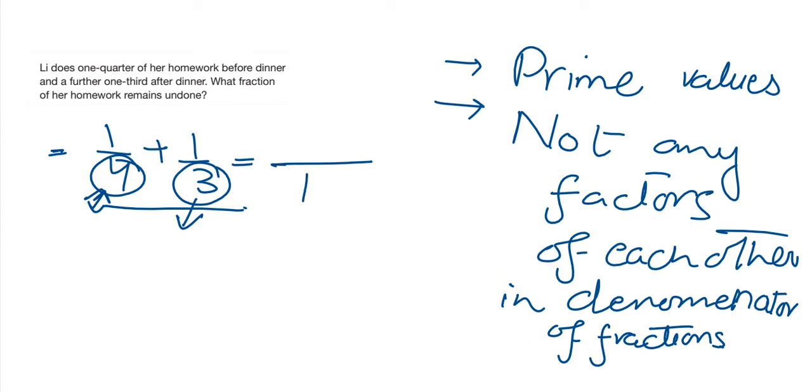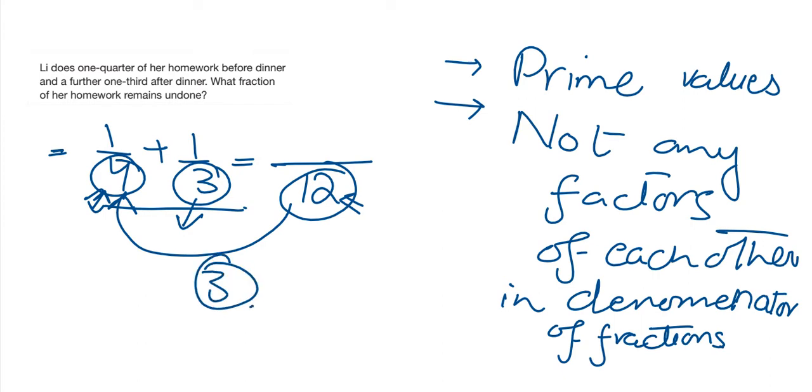Like 4 times 3 is 12. And next we have to divide the LCM by the denominator value, and the answer we got, we have to multiply it with the numerator. Over here we got 3, and when we multiply it with the numerator we get 3, obviously, because that was 1. All right, 4.